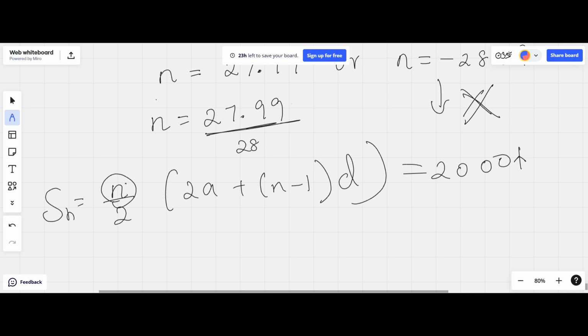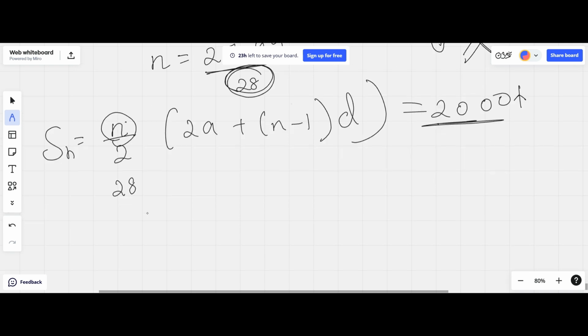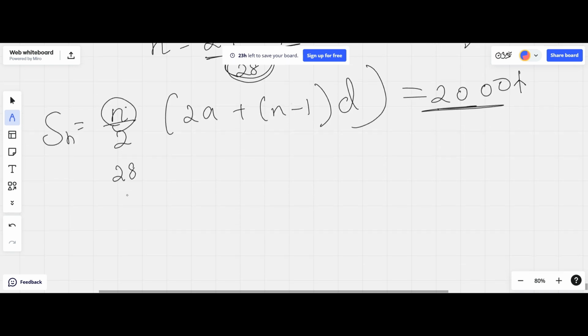You can put 28. 28 is a whole number. n needs to be a whole number, like fifth term, 10th term. So 27.99 would give you 2000. Let's put 28 and we'll see.